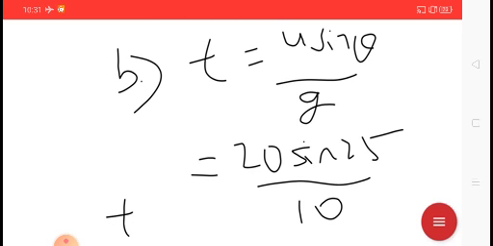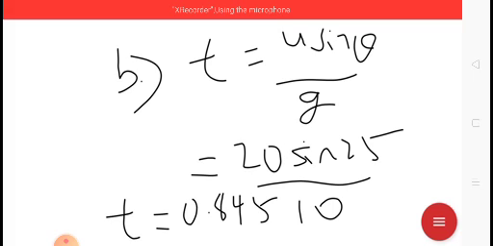So you will get t equal to 0.845. So this is the time for the particle to reach the highest point. If the question asks you the total time for the trajectory, you will multiply by 2, then you will get the answer for the total time for the projectile motion. So this is very direct.